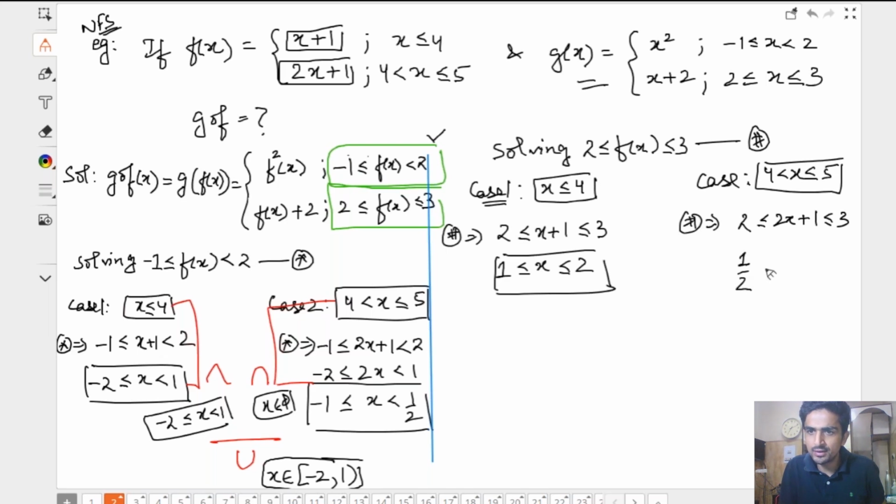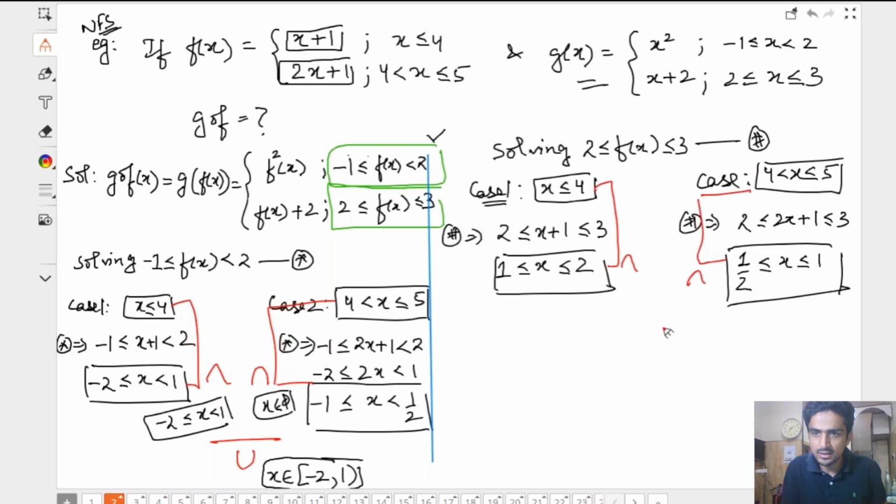So we get half to 1. Now the final answer, we know, is union of intersections. So what is the intersection of this? x is 1 to 2 only, same intersection. And here the intersection is again phi. So the union is x belongs to 1 to 2.